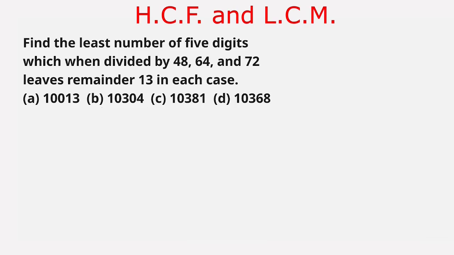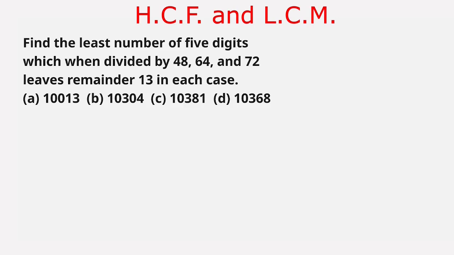If we subtract 13 from 10,304, we get 10,291. And the sum of digit is 1 plus 2 is 3, plus 9 is 12, plus 1 is 13. That's not divisible by 9. So option B is not our answer.